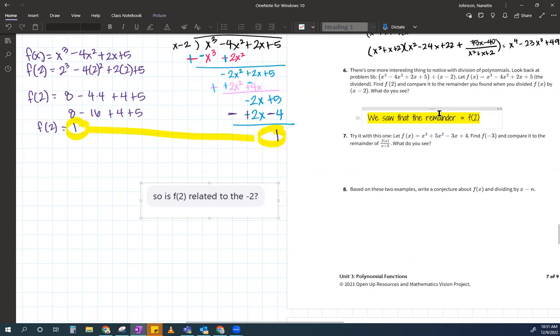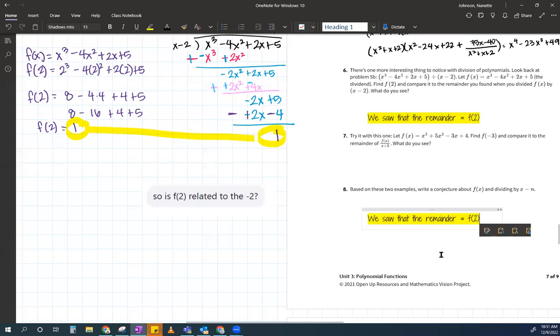So to write that more plainly, we saw that the remainder when dividing f of x by x minus n is equal to f of n. So yes, these two are exactly related.